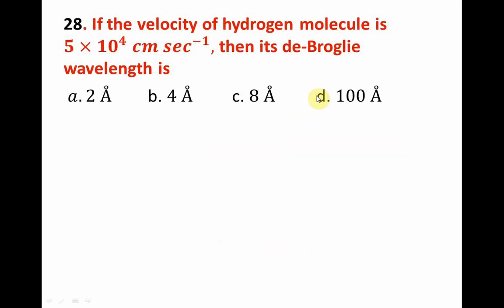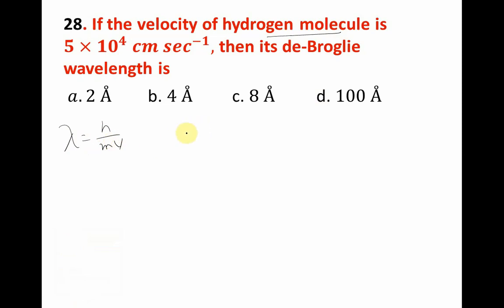If the velocity of a hydrogen molecule is 5 into 10 to the power of 4 centimeter per second, then calculate the de Broglie wavelength. They have given a hydrogen molecule. Lambda is equal to h divided by mv.